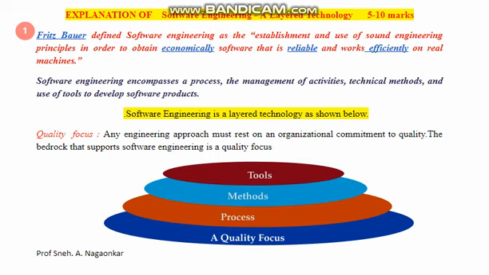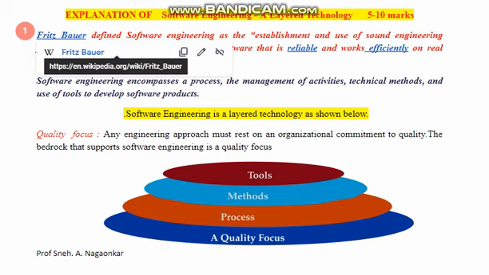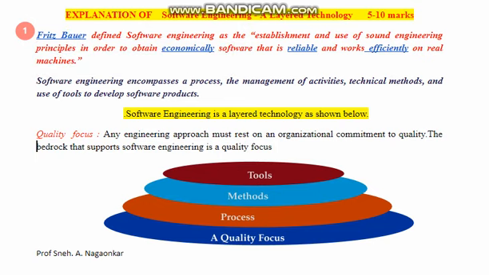Let us again remind ourselves about the definition by Fritz. When you go here you can get the details of Fritz, who defined what software engineering is. So you can go through that.